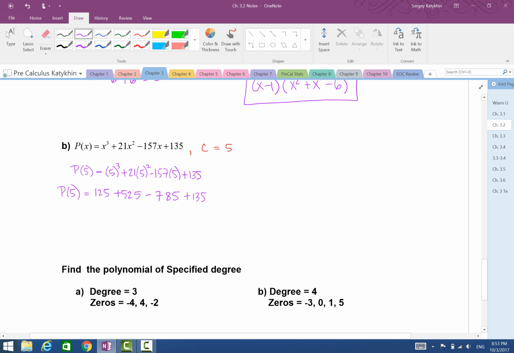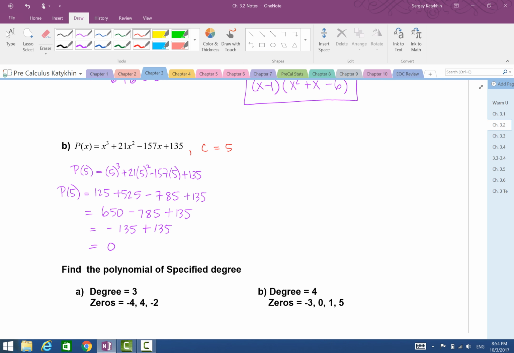Continuing combining like terms, I get 650 minus 785 plus 135. Again, continuing with that, I get negative 135 plus 135, and clearly that is 0.